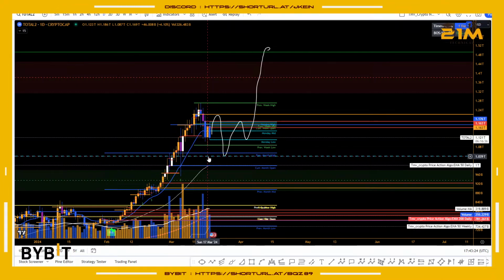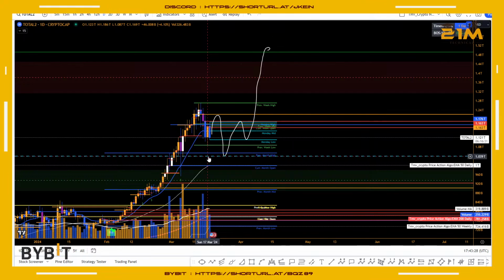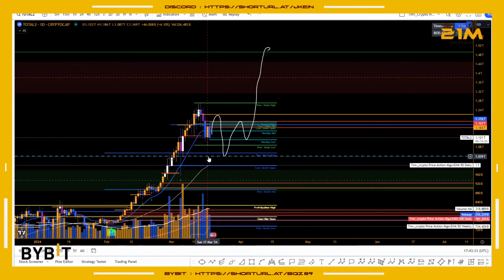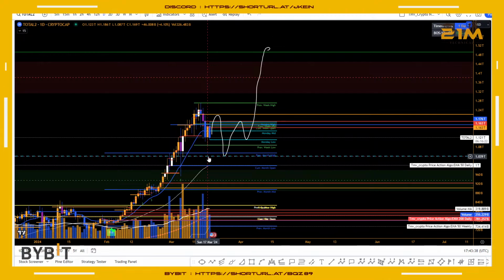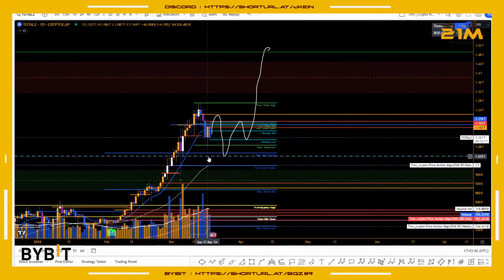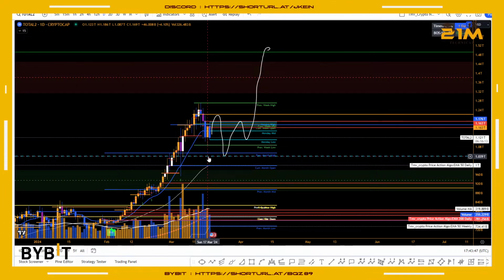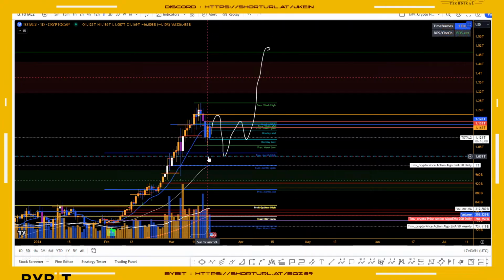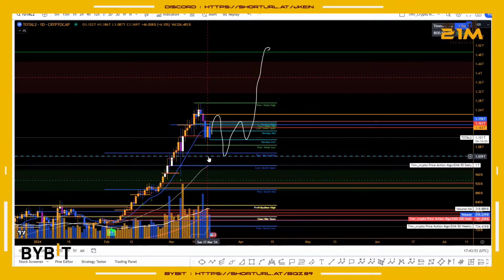But for those who have capital of more than 100k, I would suggest you should be aiming for Bitcoin, because in case Bitcoin rallies, I think the next ideal target for Bitcoin would be around 103 to 105k, which in my view would be amazing for you guys to make a ton of money from Bitcoin.